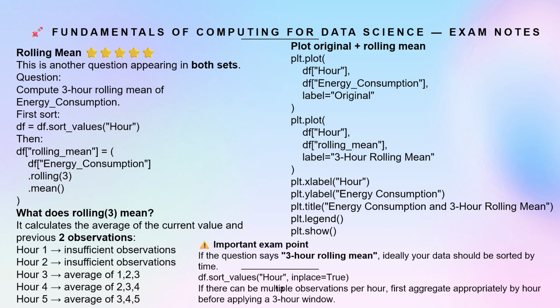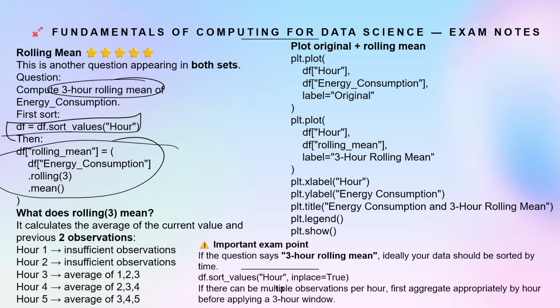Rolling mean. Now let's say we have to calculate the 3-hour rolling mean. First of all, we'll sort the data frame. Then we'll calculate the rolling mean using dot rolling, with the parameters given to us, a window of 3 and mean. Rolling 3 means calculating the average of the current and previous two observations.